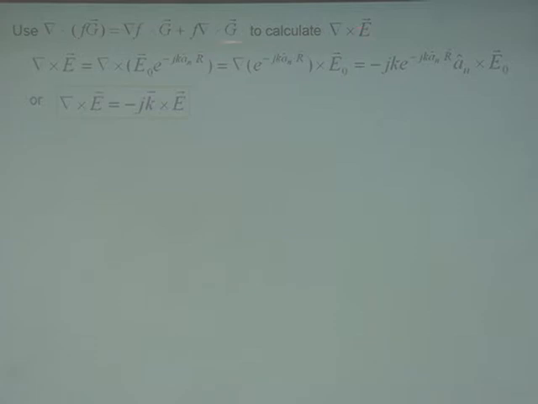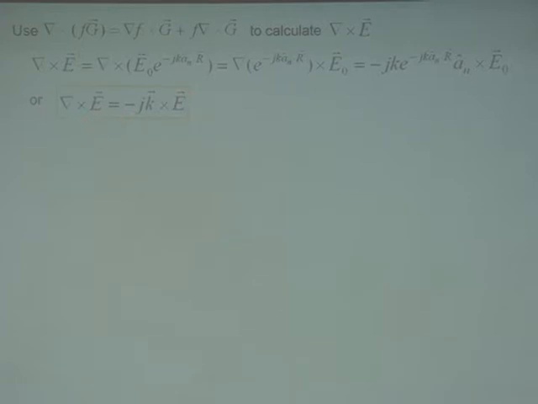But for this curl of E, this f is this complex exponential, and this g is E naught, so the curl of g is curl of E naught. This is nothing, becomes 0. It has nothing to do with x, y, z, so when you do this, the right-hand differentiation becomes 0. So you end up having this result.